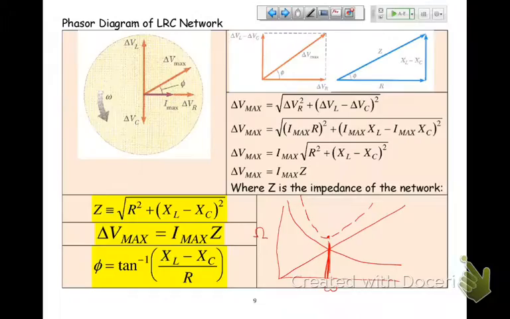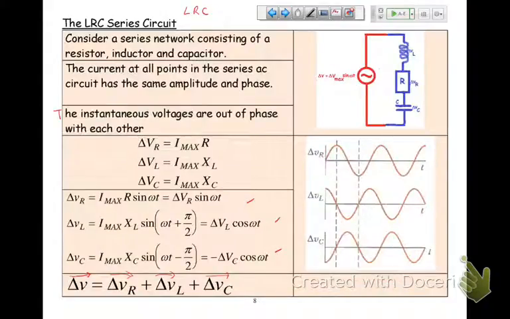So we go to this next, sorry. Is the delta big V voltage and the delta little v instantaneous? Is that the difference? The delta big V is the maximum voltage. Yeah, that's poor nomenclature on my part, but that's the maximum voltage. This is the maximum voltage, and this is the time varying voltage.